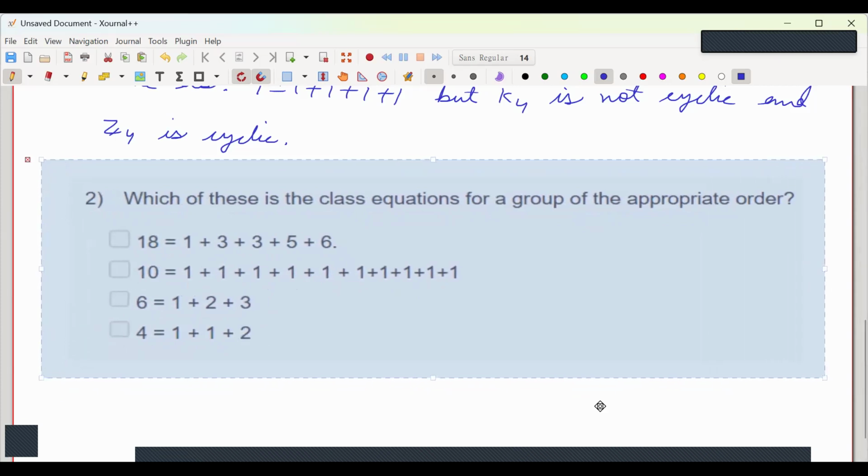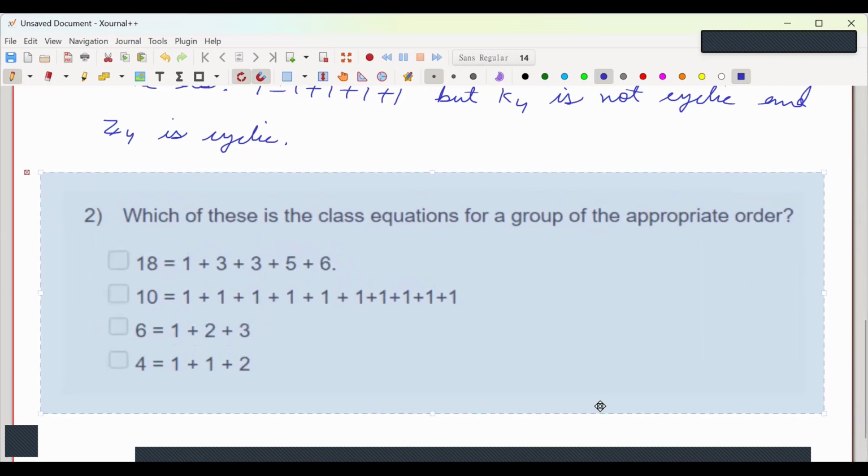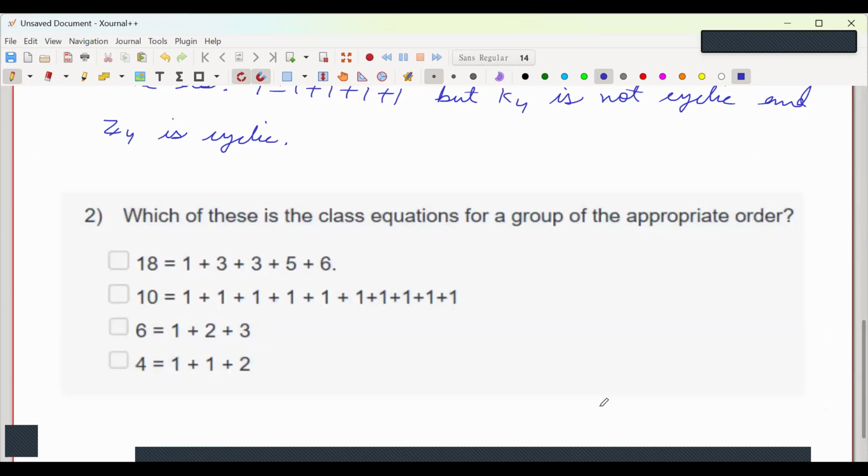So now we need to tell in which cases the expression cannot be a class equation. So before going to that, let me tell you some properties of class equations.